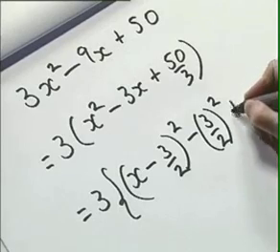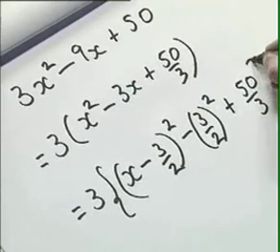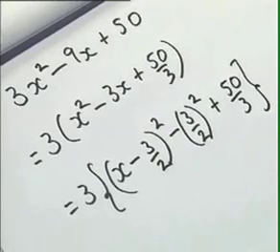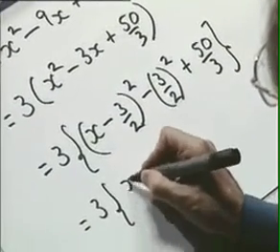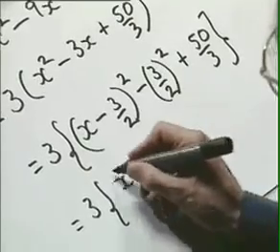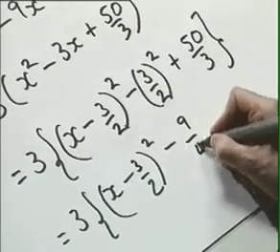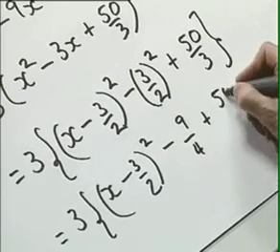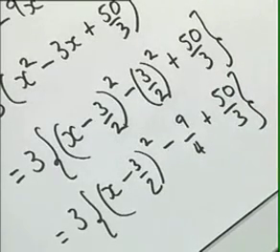And then finally, plus 50 over 3. And close the big bracket. 3x minus 3 over 2 all squared minus 9 over 4 plus 50 over 3. And close the big bracket.